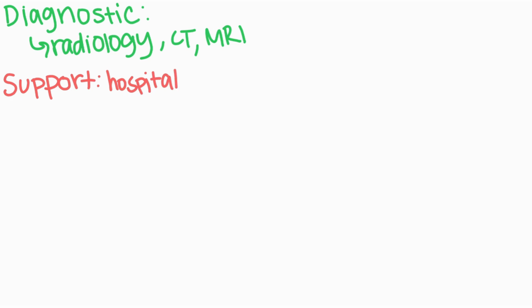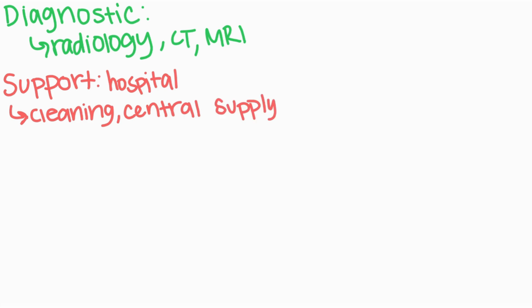Some examples would be the cleaning staff, so janitorial people. And there's going to be central supply, which supplies the hospital with orders and supplies. And there's going to be biomedical technology, which are going to build and repair and design medical equipment.